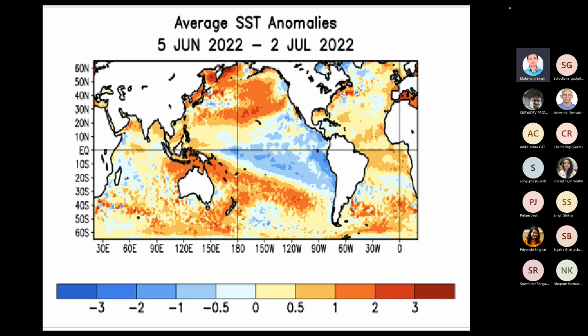I do not know why, but I think it's partly because the ITCZ did not move very far north in June, so the cooling that normally occurs with the Somali jet was not that much. So you see the little warm patch there. But near the Somali coast, of course, there is a cooling due to the jet.